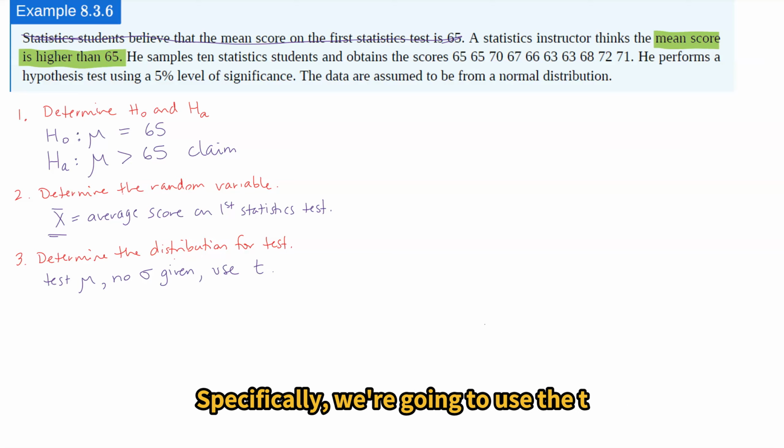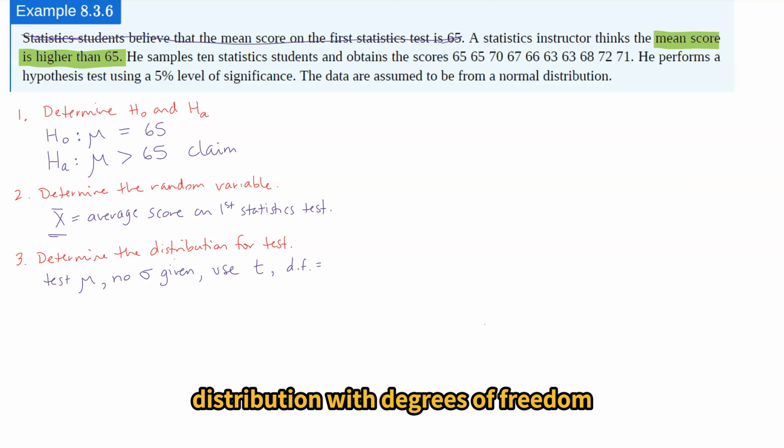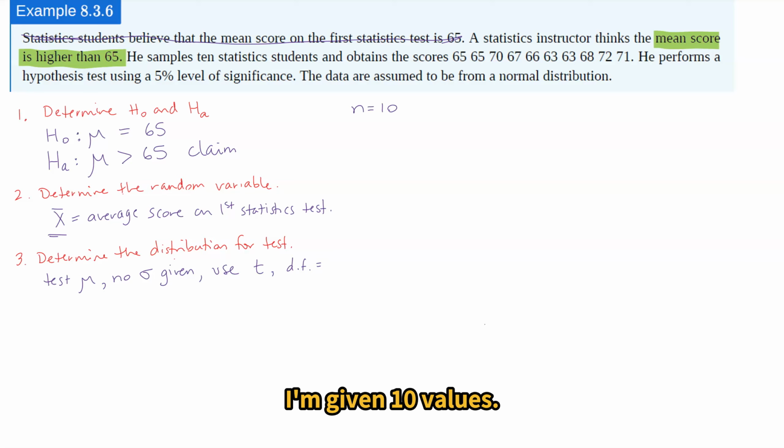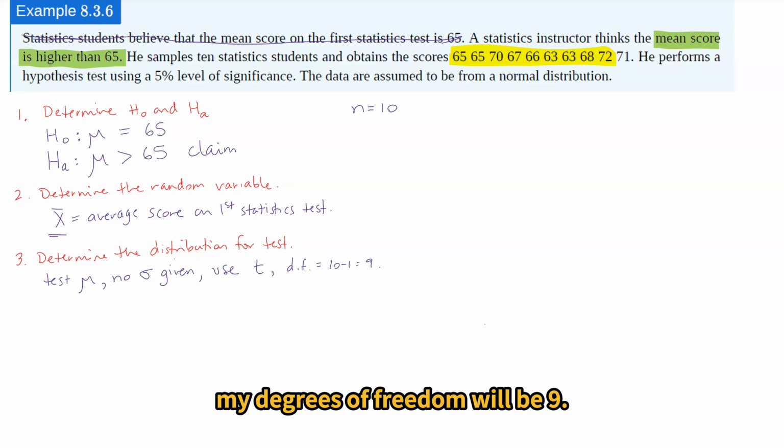Specifically, we're going to use the t-distribution with degrees of freedom equaling n minus 1. Up here, I'm given 10 values. Since I have 10 data values, my degrees of freedom will be 9.